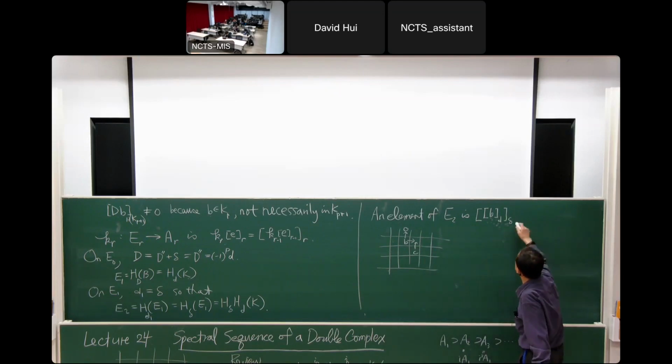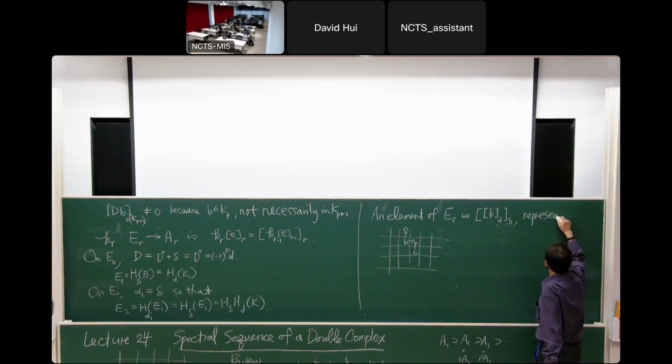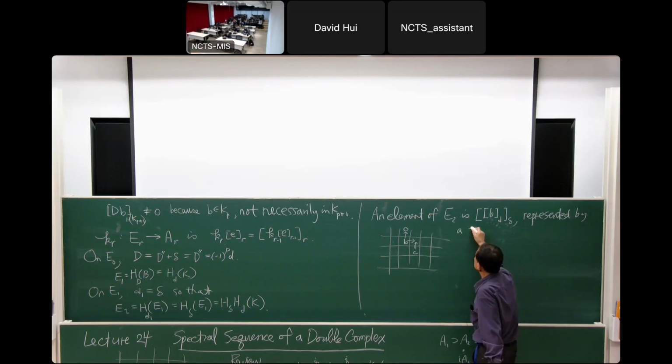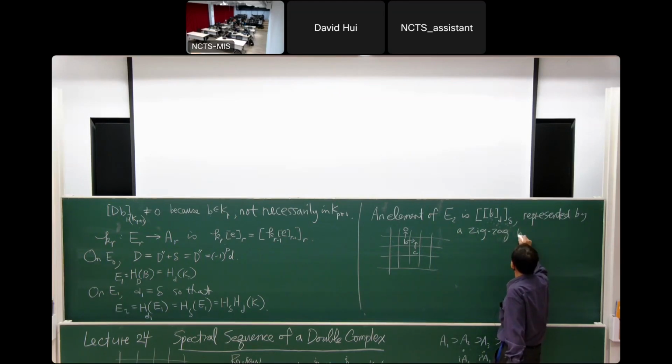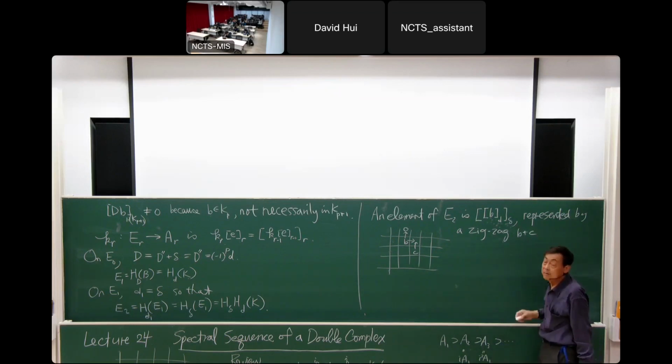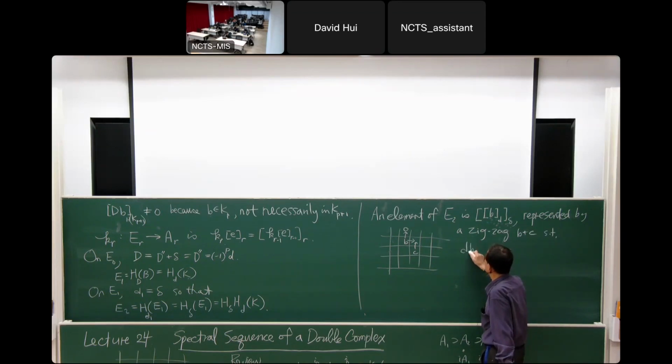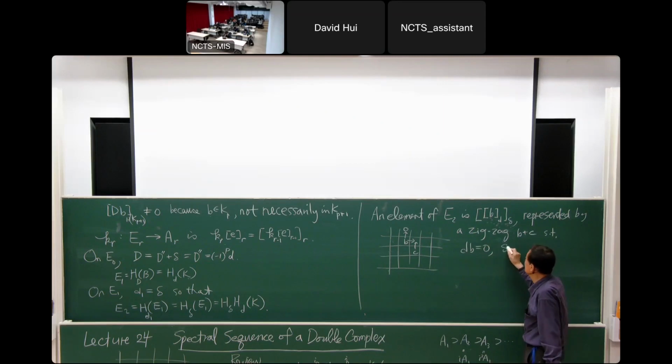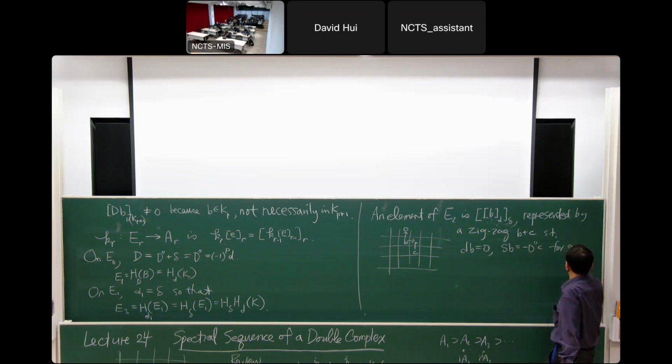So it's represented by a zigzag B plus C such that dB equals 0 and delta B equals minus D double prime C for some C.